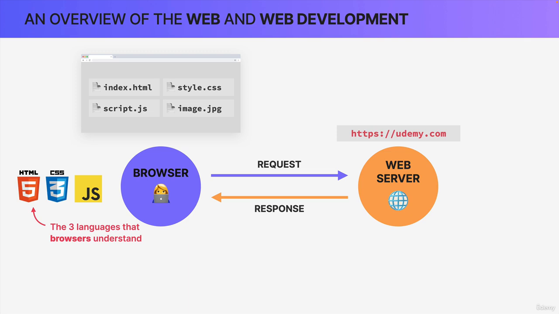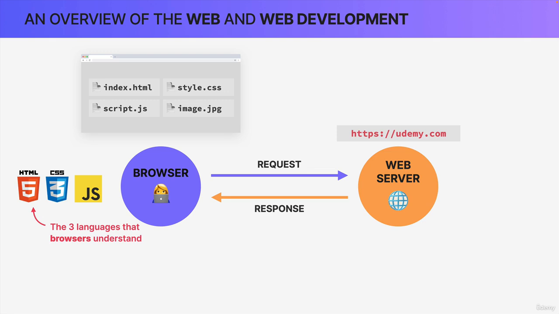So what this means is that all of the code that makes up a website needs to always be written in the languages HTML, CSS, and JavaScript. Because, again, these are essentially the three core technologies that any browser can understand. But what do I actually mean by understand?